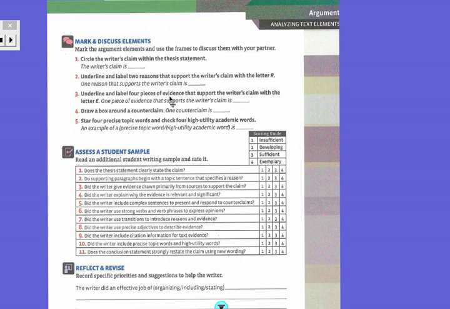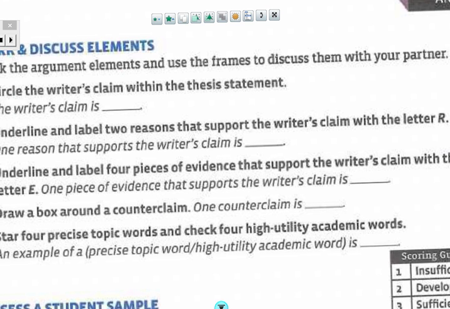As we analyze this sample, we're going to circle the writer's claim. We're going to underline and label two reasons that support the writer's claim with the letter R. We're going to underline and label 4 pieces of evidence that support the writer's claim with the letter E. We're going to draw a box around a counterclaim.